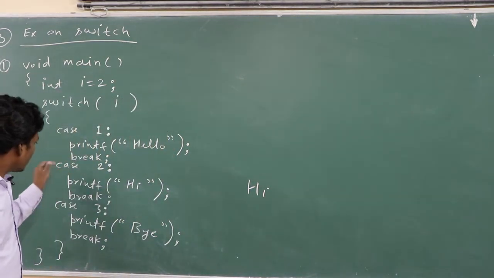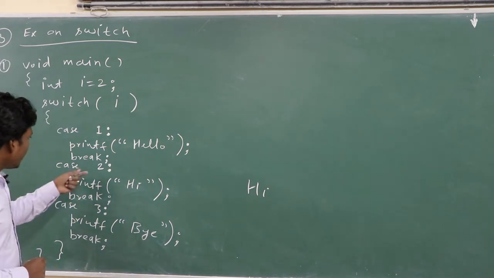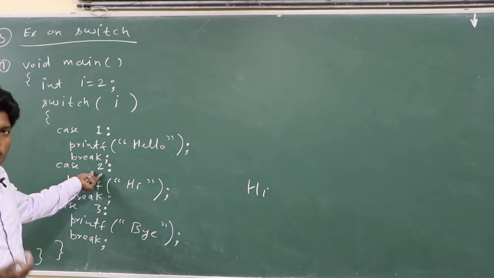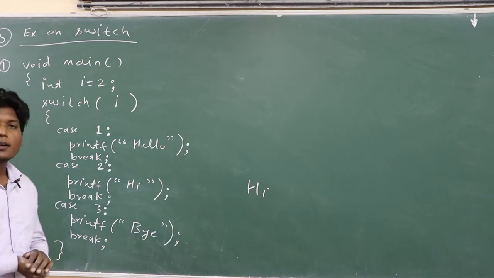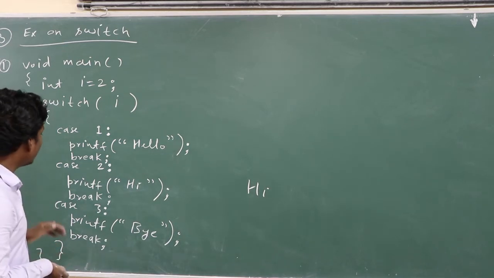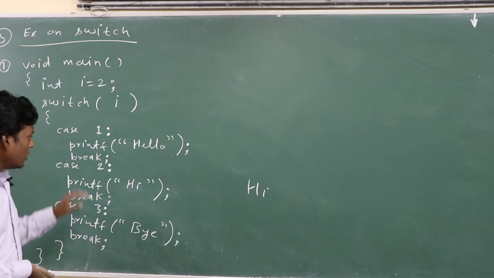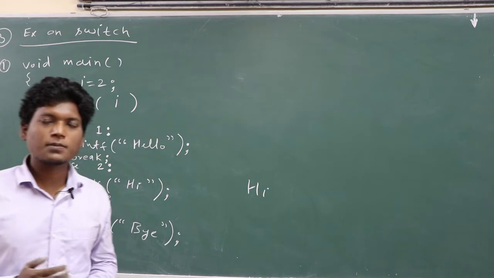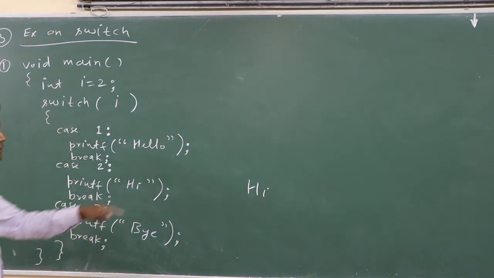When you do not write the break statement, when a case is true, then subsequent cases will also be true. But when you write break at each case, then only the true case will execute, not the successors. So in this case, the result is hi.